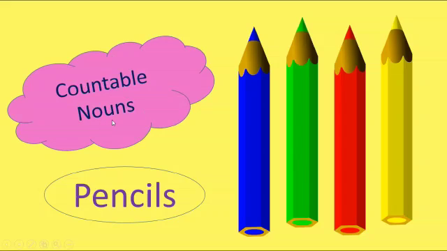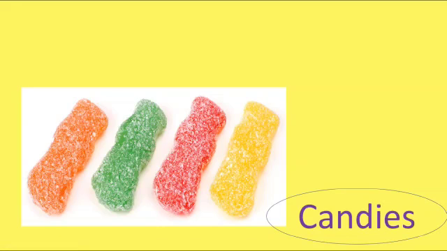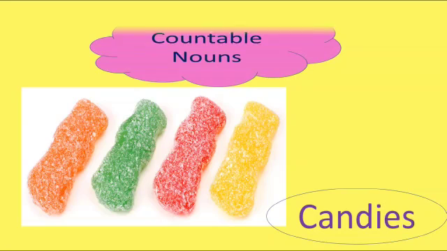Next is candies. Yum yum yum. Count with me 1, 2, 3, 4. 4 candies. These are also countable nouns.